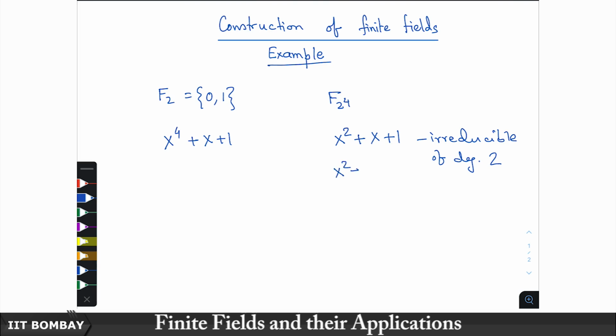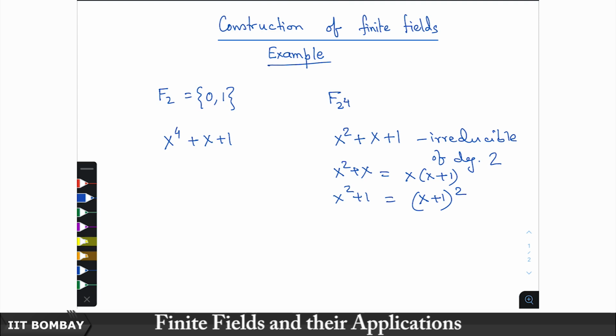Clearly, it has factors: x^2 + x is x times (x + 1), then x^2 + 1, because F_2 is a characteristic 2 field, is the same as (x + 1)^2.